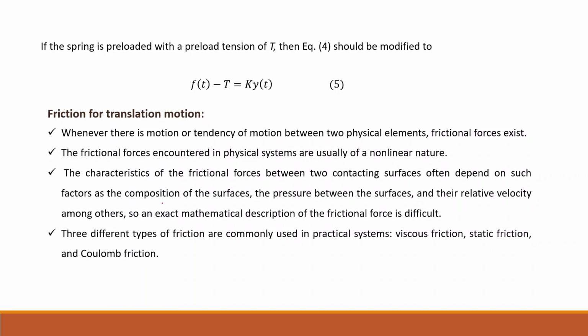An exact mathematical description of frictional force is highly difficult because when a body is stopped it has static friction, and when it's moving it has dynamic friction. Both are different. The different types of friction are viscous friction, static friction, and Coulomb friction, and these three are the most practical frictions that we encounter.